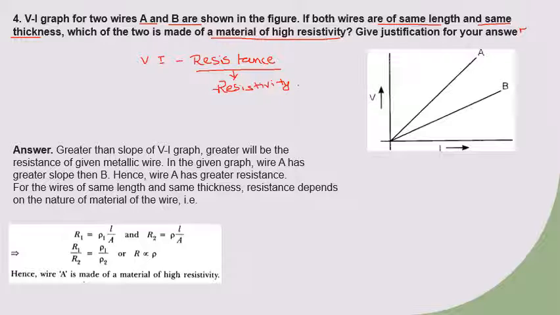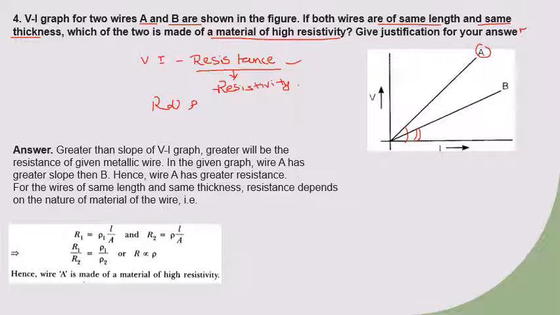So in this case we can see that the resistance of A is more. Why? Because A is making a more slope. The slope of A is more as compared to the slope of B. So wire A has more resistance, and we know that resistance is proportional to the resistivity, and vice versa, because both depend upon the nature of the material.